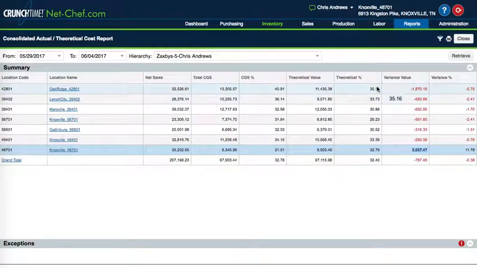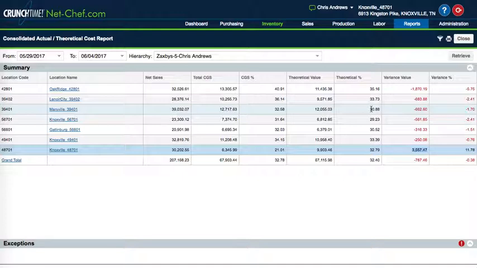The next thing I like to look at is my theoretical percentage. Typically a good theoretical percentage is running anywhere between about 30% and 34%. If you've got a 33% theoretical, that's just telling you what the system thinks you ran. What you ran through the micro system, that's what it thinks you sold.